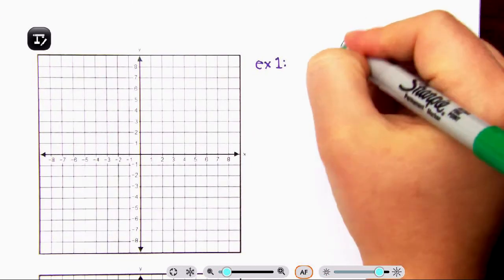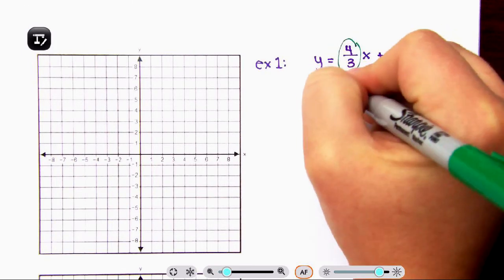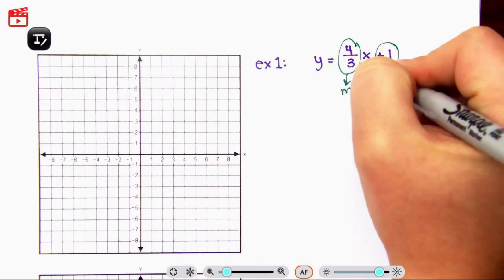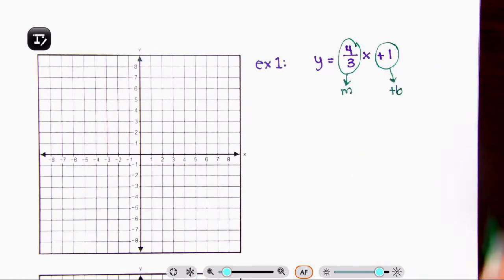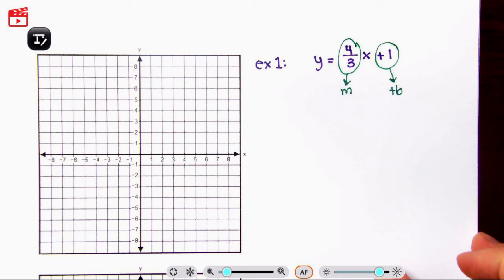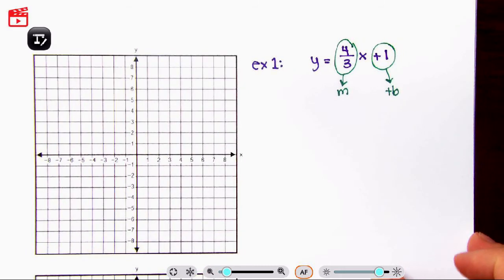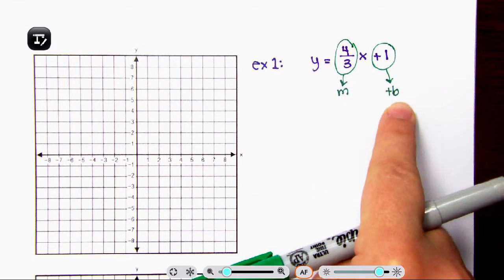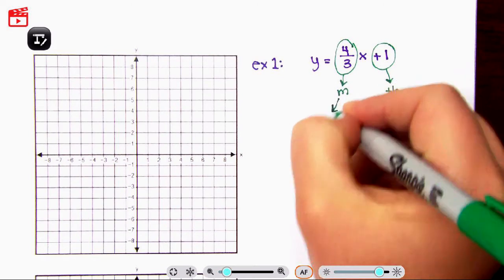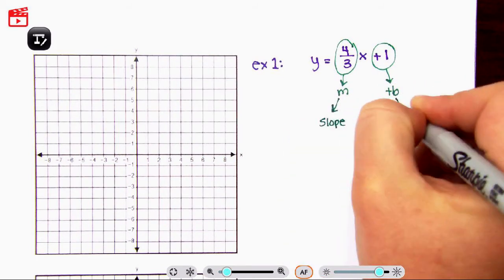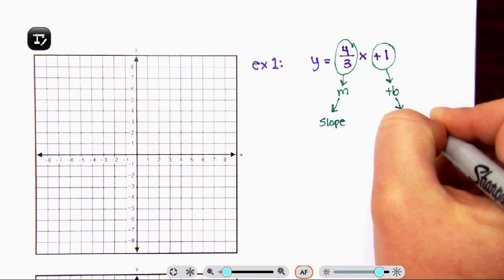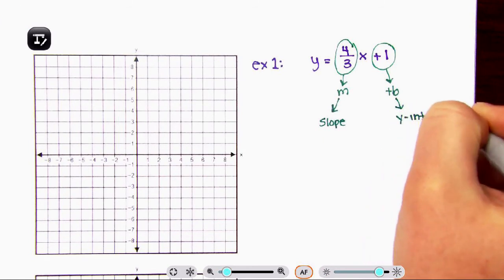We only care about the little m, lowercase m, and we only care about the plus b. Now this plus b can be minus b as well. I'll show you in a secondary example. So this here is m, this is b. So m is your slope. b is your y-intercept.